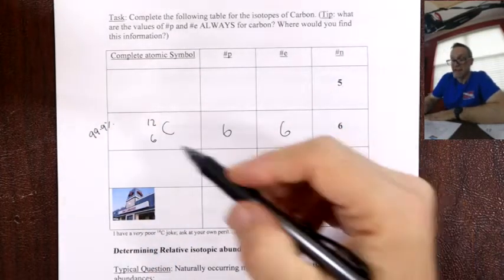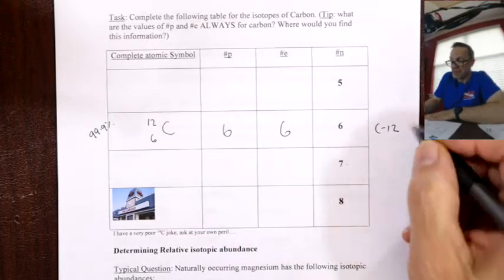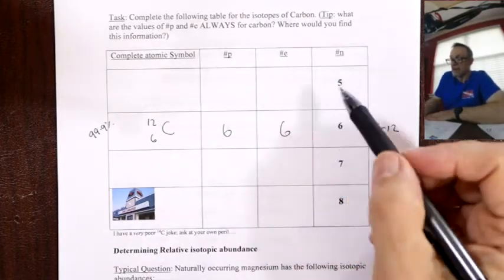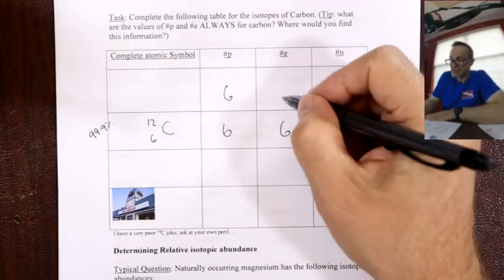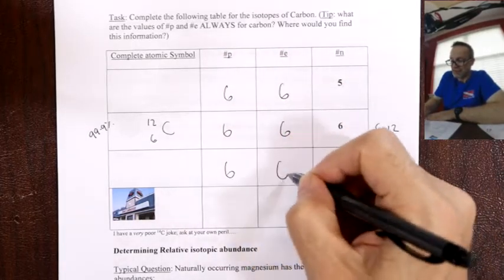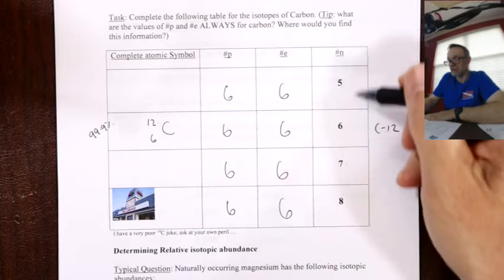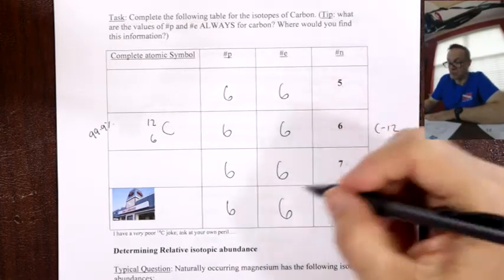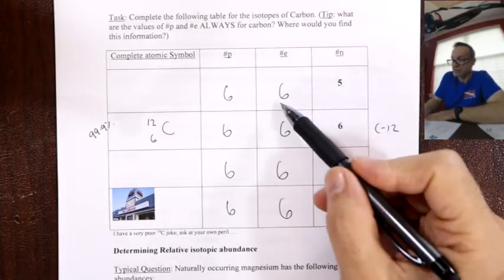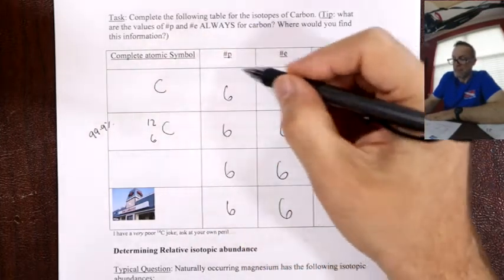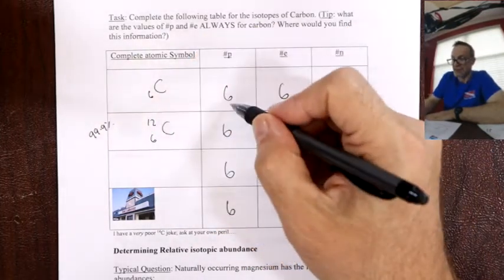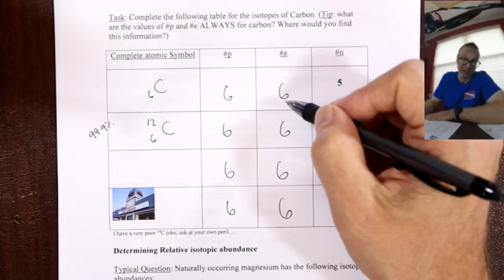All right, you're back. So carbon-12, carbon that weighs 12. Carbon always has 6 protons and 6 electrons, so that's always the same every time. The only thing that changes is the number of neutrons for isotopes. Protons, 6; electrons, same number, we don't write it in the complete atomic symbol.